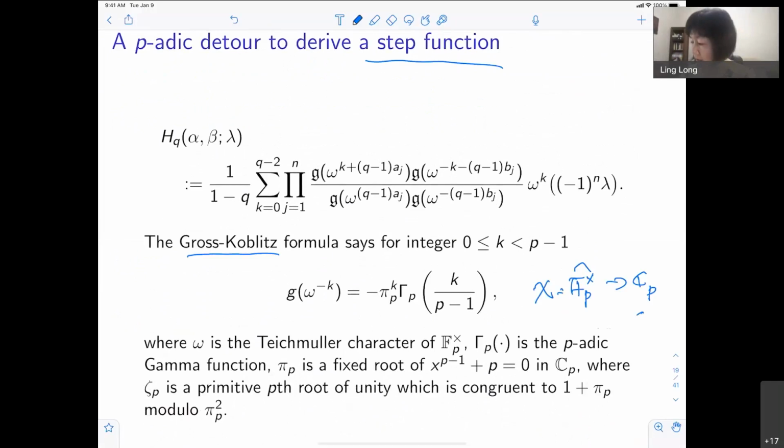And if you pick a correct choice of the C_p star, the multiplicative group, primitive p-th root.